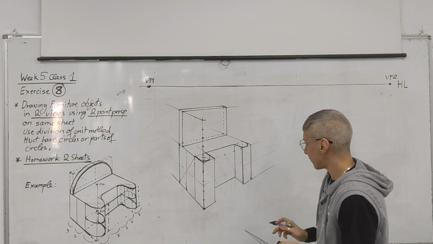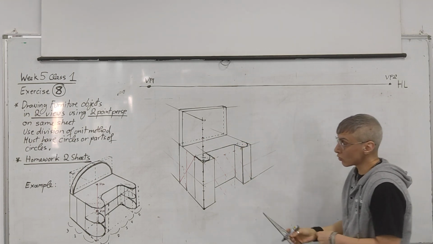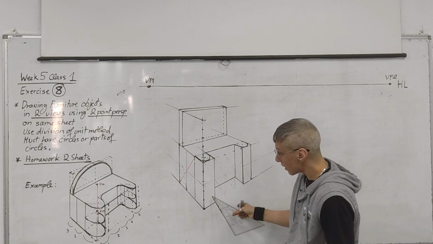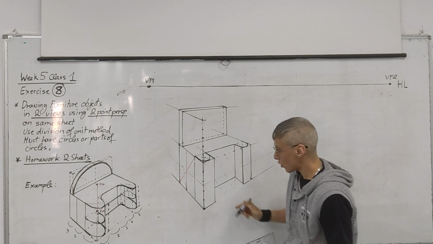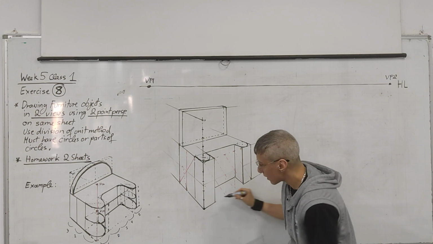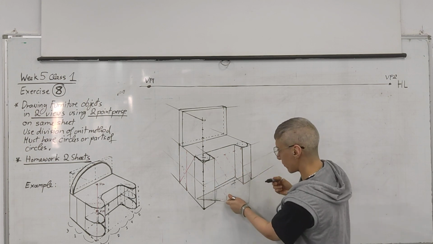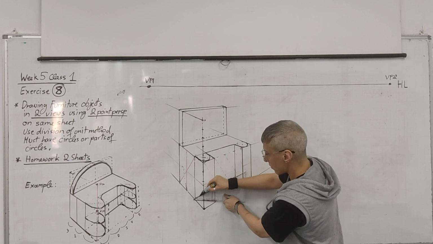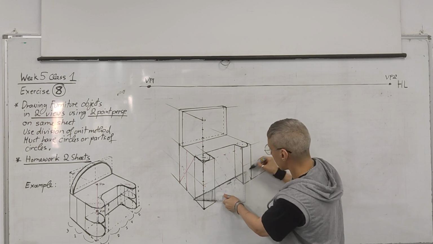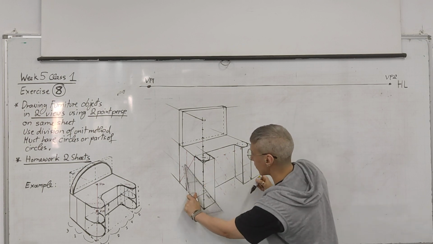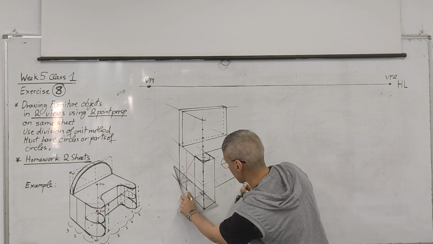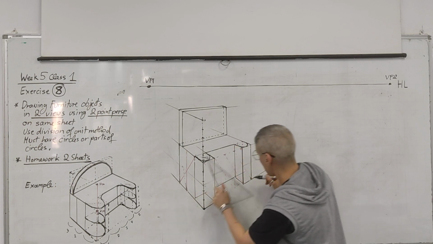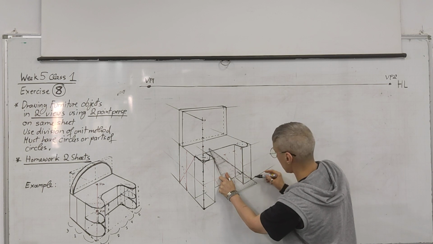Now, we have also the same thing going on here and in the middle. So we need to draw first the hidden surfaces that we have deleted. We need to draw them. Okay? Then this to the vanishing point. This to the vanishing point.